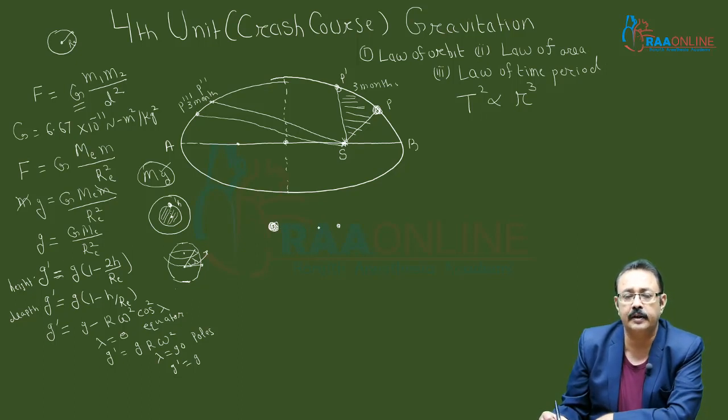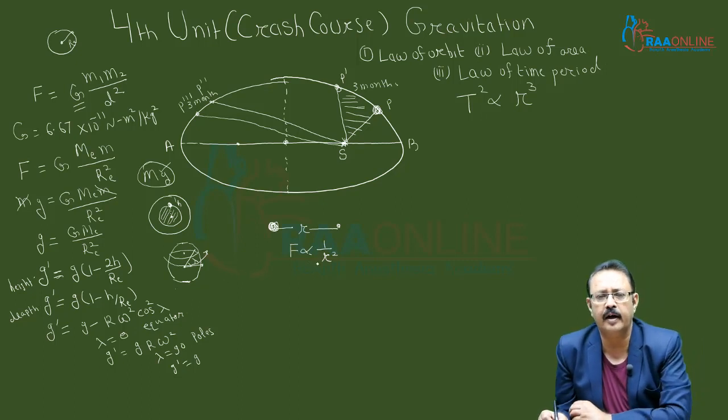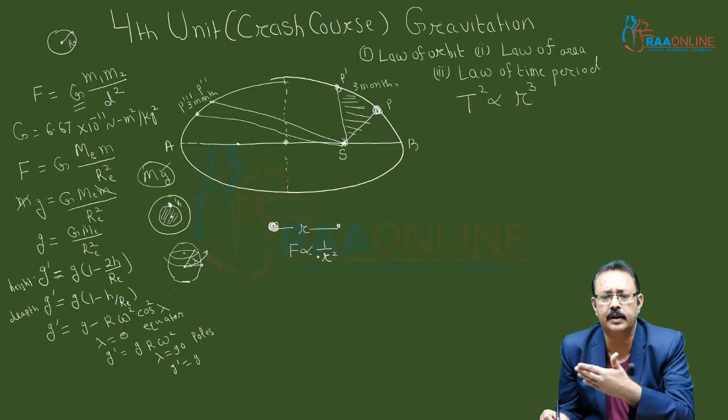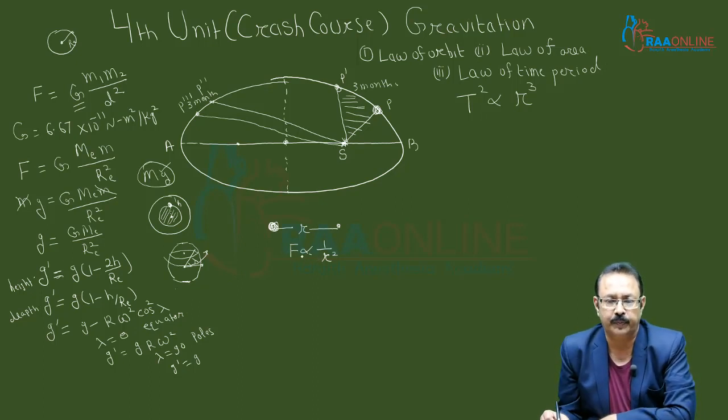But this force depends upon the distance between these two. If distance is increasing, this force is sharply decreasing because it is inversely proportional to the square of the distance. So if R is continuously increasing, at some place F will become 0.